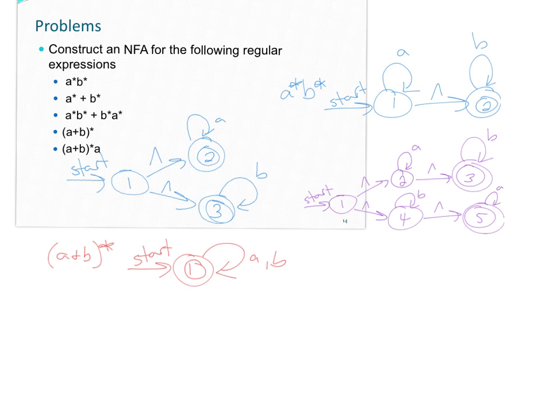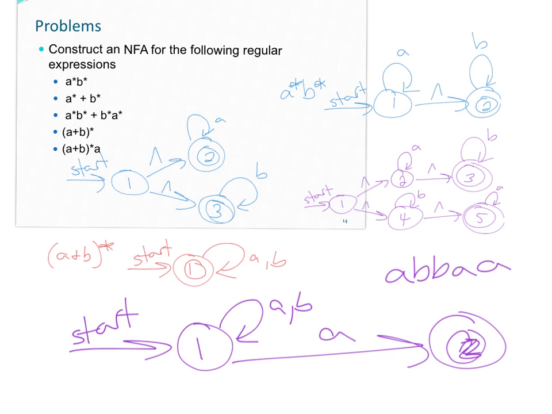If you're looking at a particular string, like the string A, B, B, A, right? When you look at that string, in order for it to be accepted by this NFA, there has to be at least one path through here that ends in an accept state. So I'm going to say, all right, well, A, B, B, A, that works, uses all the letters, ends at the accept state. We, again, have not talked about how do you know which path to take, right?